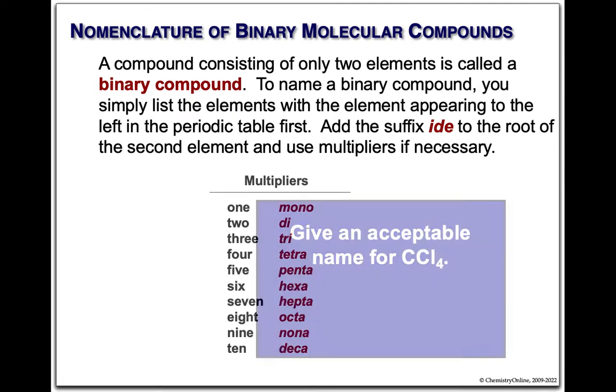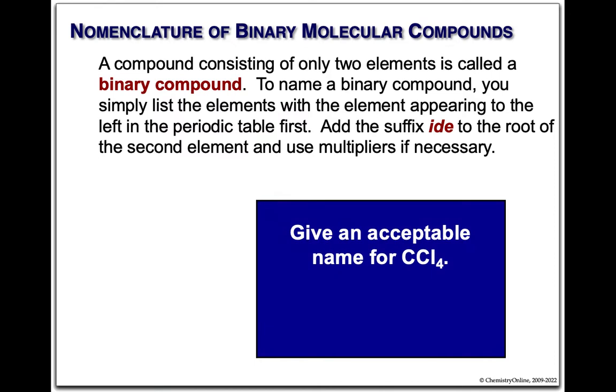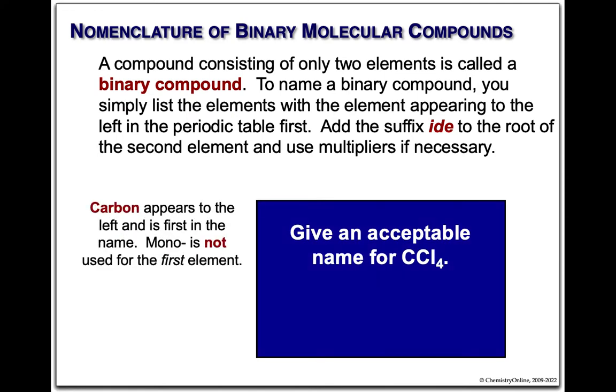So, to show how simple this is. 1 carbon, 4 chlorines. These are both nonmetals, right? It's molecular. Our first word is simply going to be carbon, not monocarbon, carbon. We have 4 chlorines.